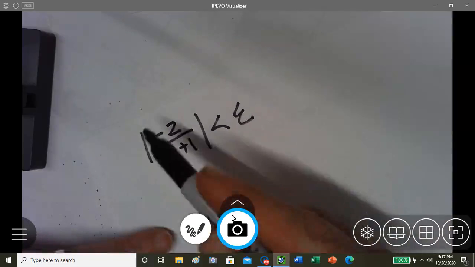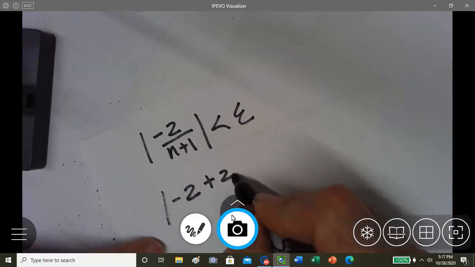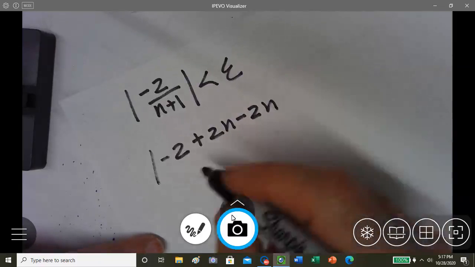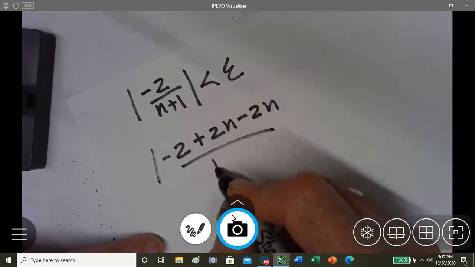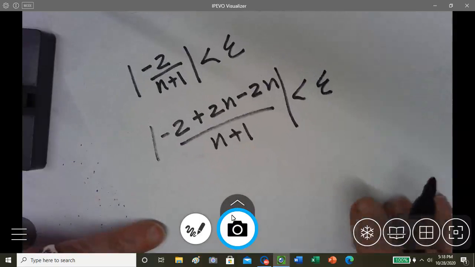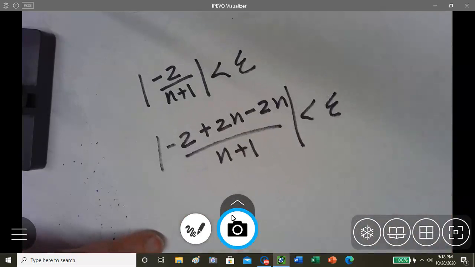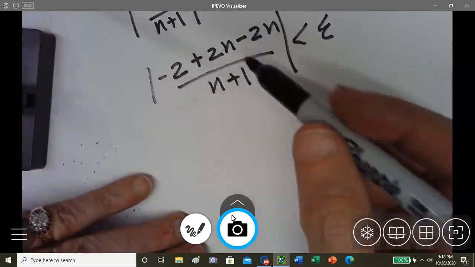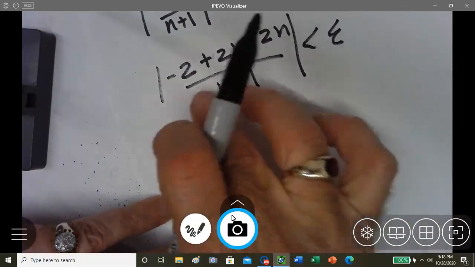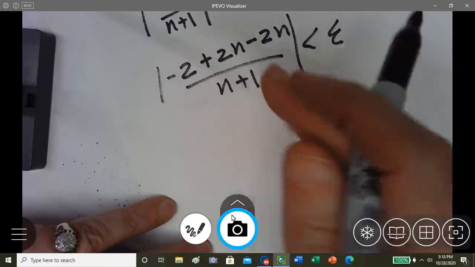So this will be -2 plus 2n minus 2n over n+1, and that's less than epsilon. Because this is the same thing as if we just said -2, right? And since we needed a 2n, we had to factor that 2 out. So now we can switch places with this 2n and the -2.